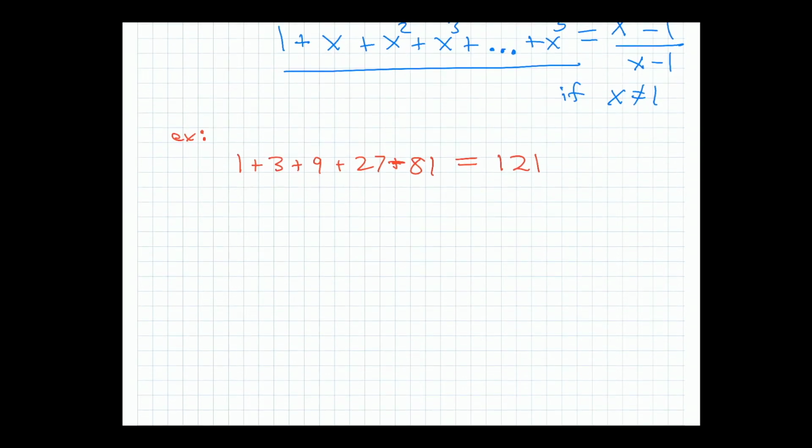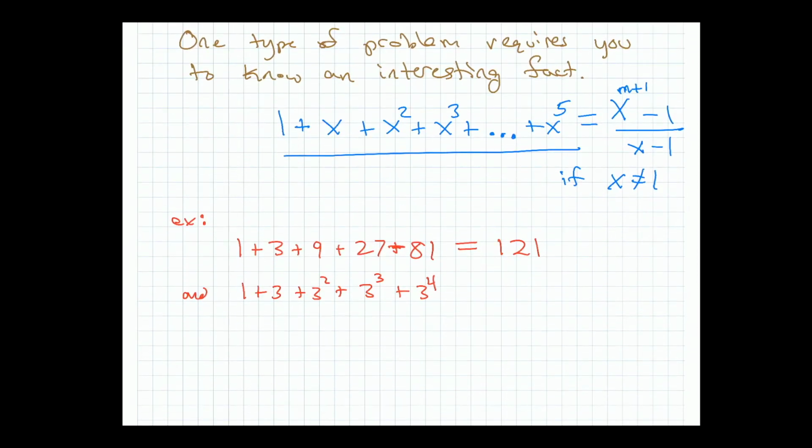Just on a calculator. But if you write it in the form that I have up there, 1 plus 3 plus 3 squared plus 3 to the 3 plus 3 to the 4, right? Then what you got is, well, I put a 5 there.